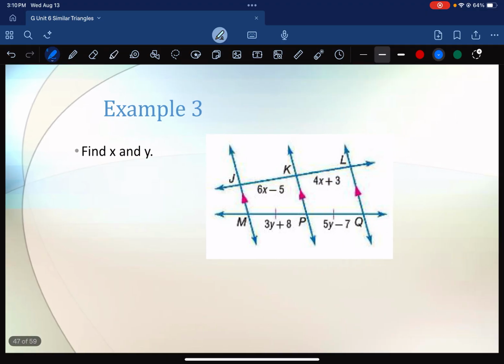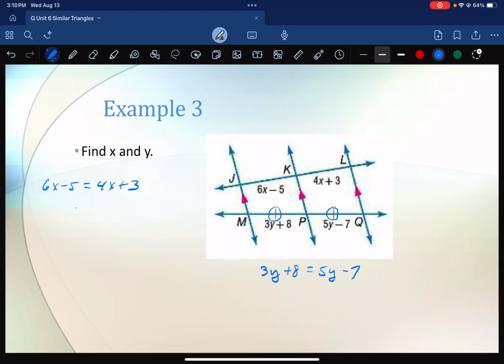Okay? So, for example, these marks tell me those are congruent. Therefore, 6x minus 5 is equal to 4x plus 3, and 3y plus 8 is equal to 5y minus 7.